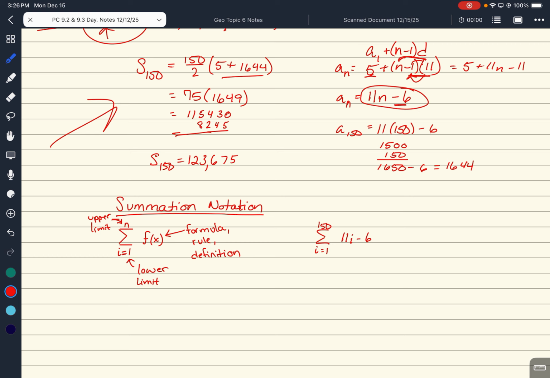Does i equals 1 just stay the same? i can change. It could be 5, 6, 7, 8, 9, 10. Sometimes they will say i equals 10 to 60, but if we write it ourselves, we always write i equals 1.